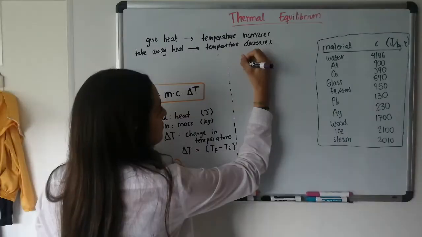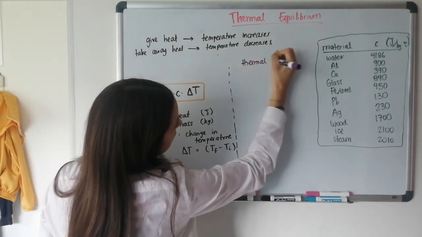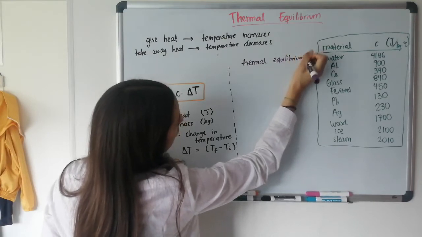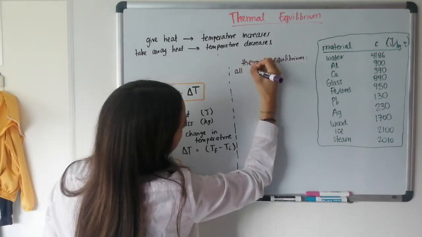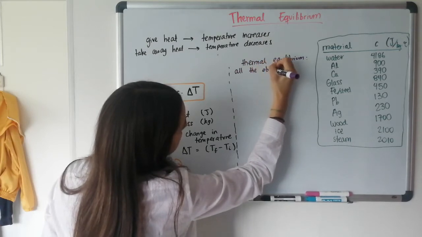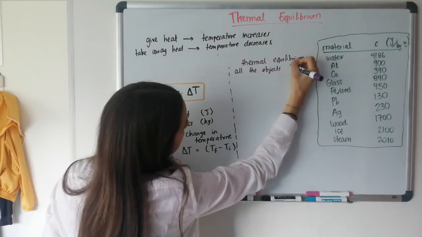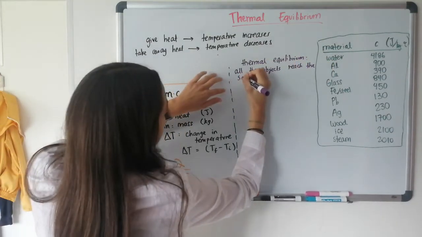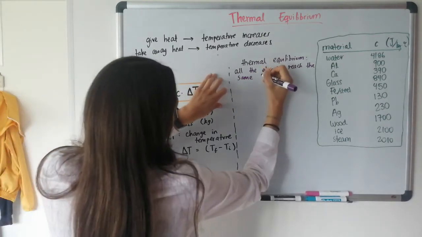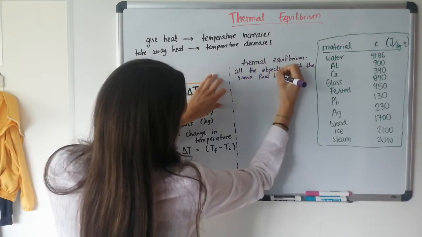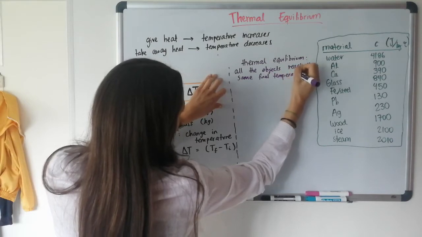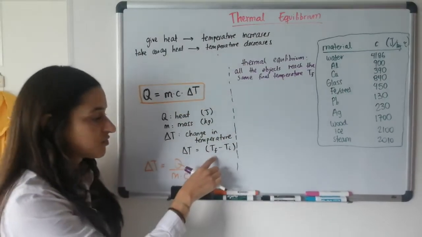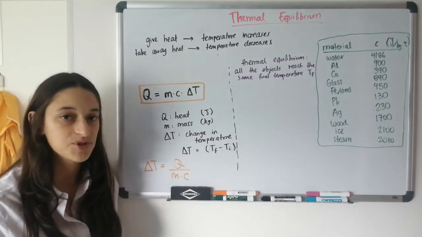So thermal equilibrium is when all the objects, or all the substances, or everything you have in your system reach the same final temperature, and this temperature is called the equilibrium temperature. Final temperature, equilibrium temperature, or just TF for final, which is the same that we were talking about right here, the final temperature.